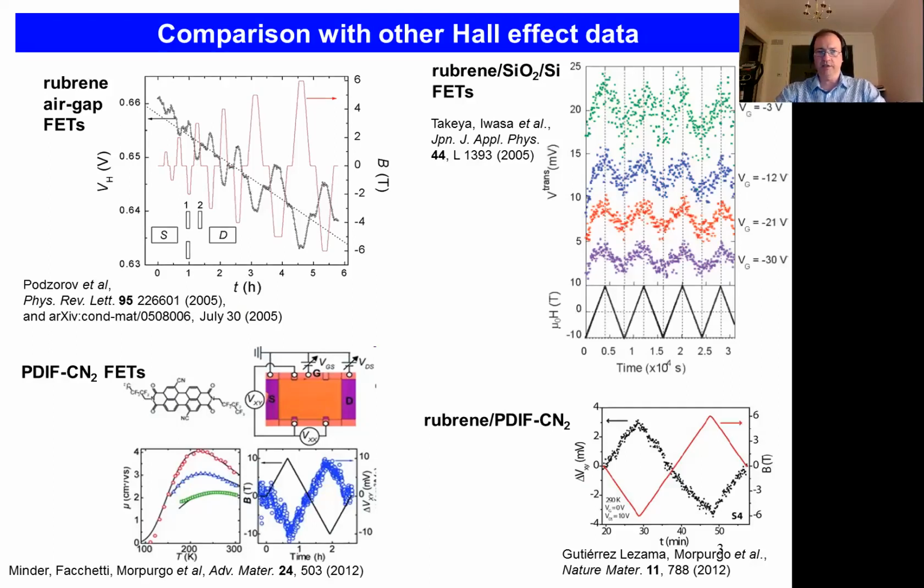This slide shows some examples of measurements by other groups in other systems. You can see that the noise is usually pretty bad, even though in these examples people are using very high magnetic fields, 6 Tesla, 10 Tesla.